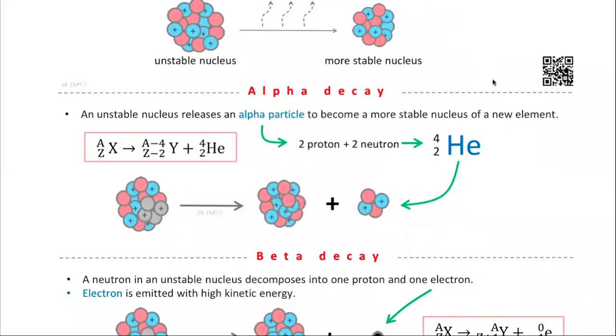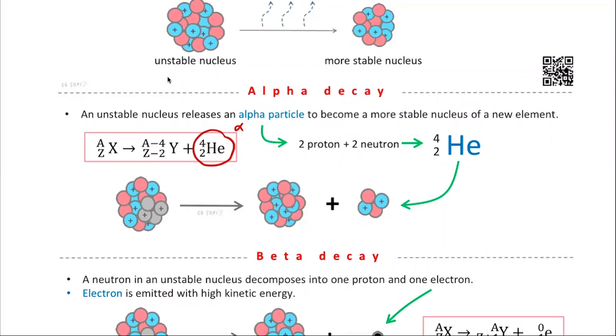Alpha decay, now the characteristic of an alpha decay is when it decays, it will release an alpha particle. An alpha particle is also the same as the helium nucleus. Okay, so this one is the characteristic of an alpha decay, helium-4 2.